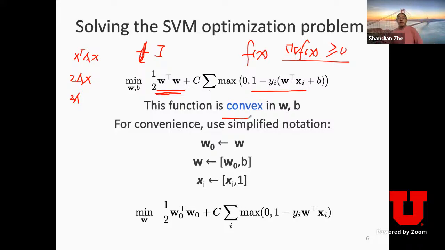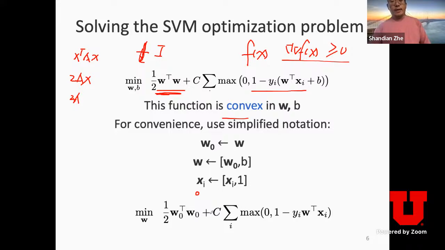Okay, so now for convenience, let us try to fold the bias parameter b into w. This is the notation sugar we introduced before. So we can introduce a new weight vector, which includes both the feature weights, which we denote by w0, and the bias parameter. And then we augment each feature vector xi with 1, to accommodate this bias parameter.